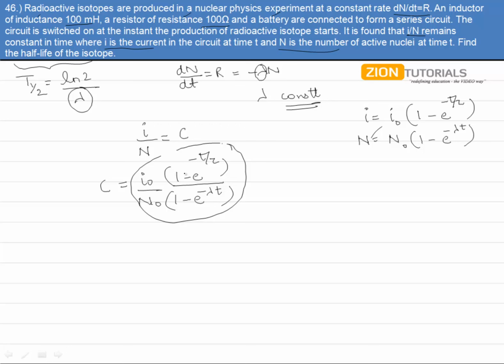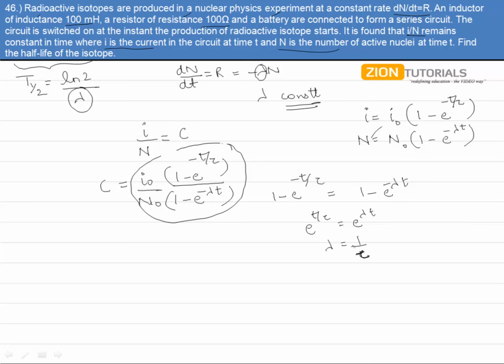Suppose it would have been just e to the power minus t by tau and e to the power minus lambda t, then we could have a multiple of 1, 2, 3, 4, etc. But right now, this whole factor has to be cancelled out. And the only possibility to cancel the time term for this equation is when this is equal to this. And from this we can deduce that e to the power t by tau equals e to the power lambda t, because minus gets cancelled. And cancelling the t term, we get that lambda comes out to be 1 by tau in such a case.